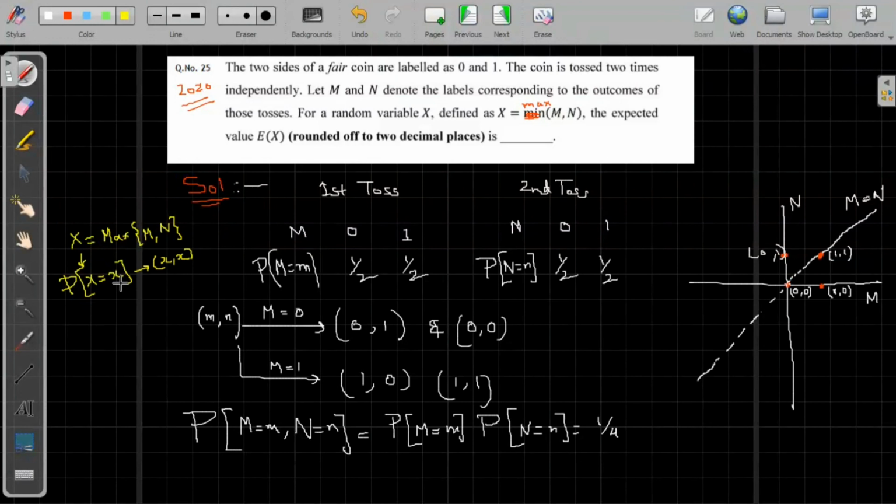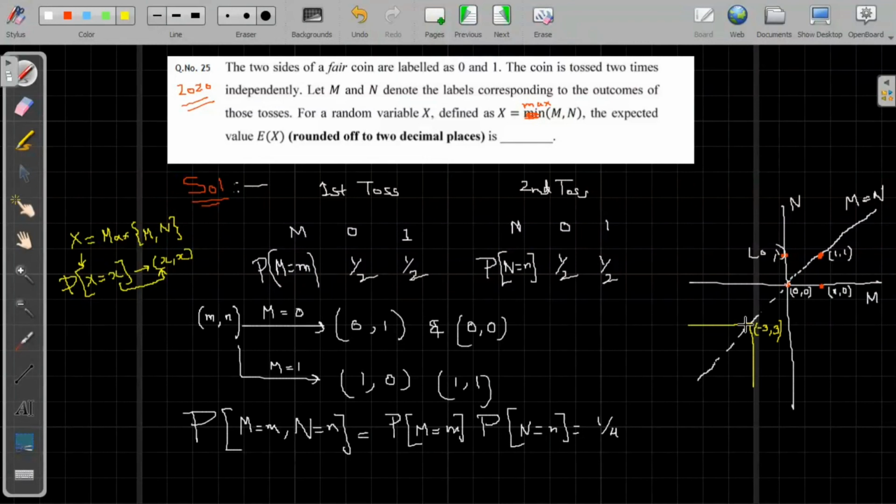For this sample value, we will consider a point in mn plane whose corners are at x comma x. For example, if you consider a boundary here which is parallel to m and n axis and with corner lying here, let this point be minus 3 comma minus 3.